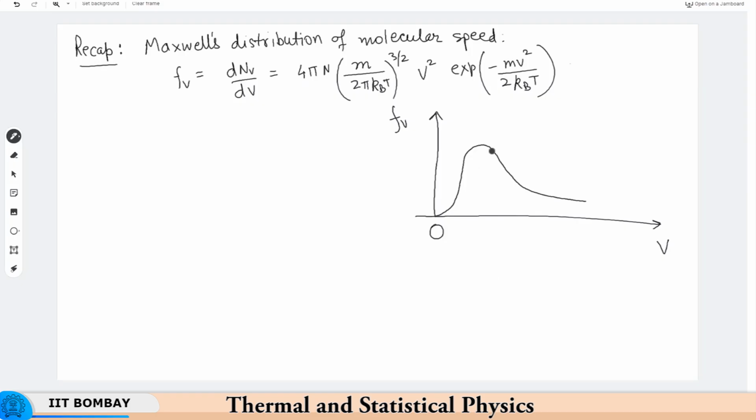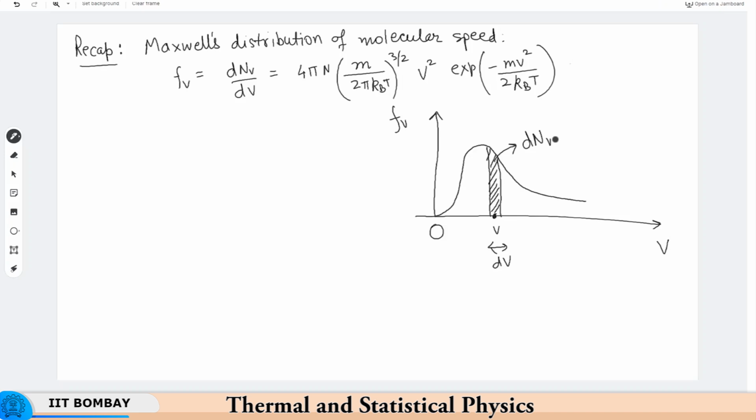One way to do that is just to make a small slice of this plot and calculate the area under this part of the curve, and that will tell you how many molecules are moving with speed v within a window dv. So, this number basically is d n_v. Okay, so this is what we saw in the last class.